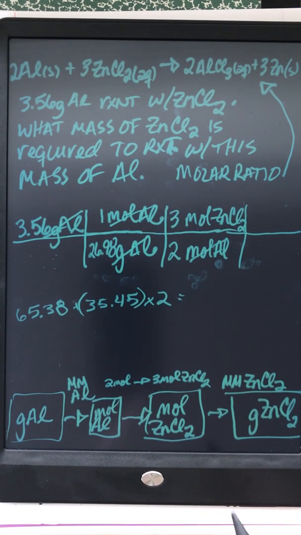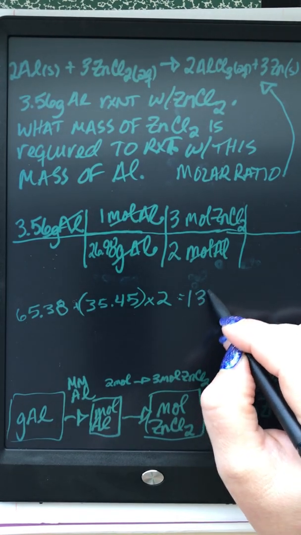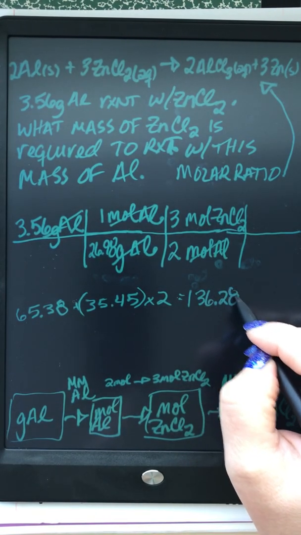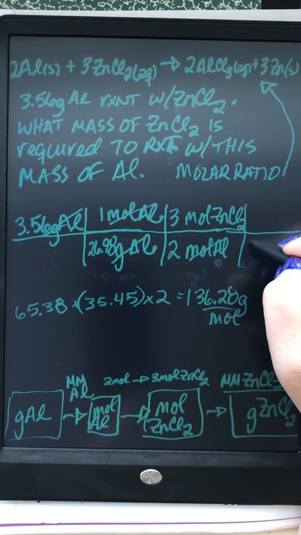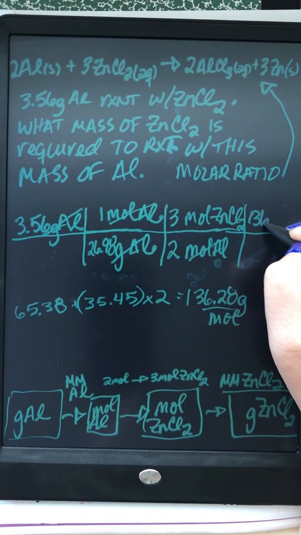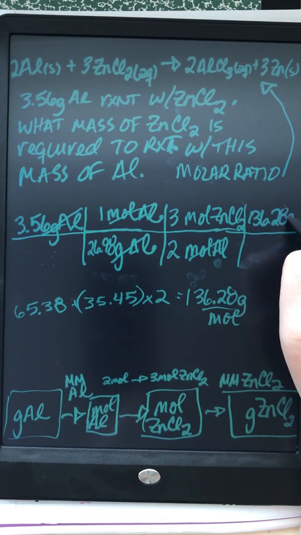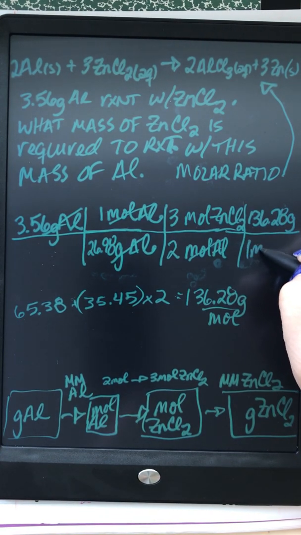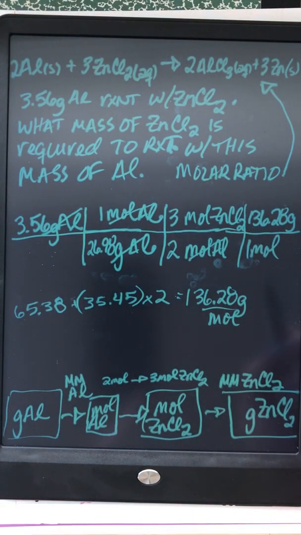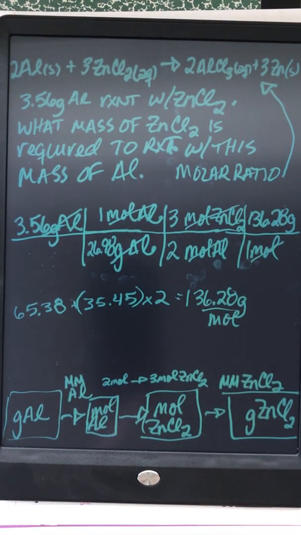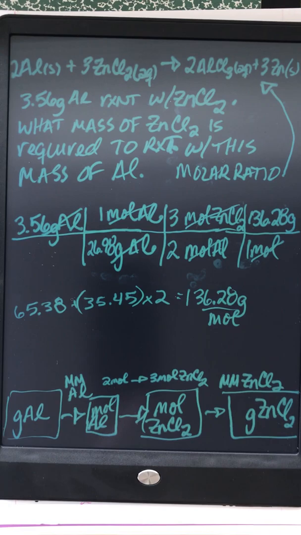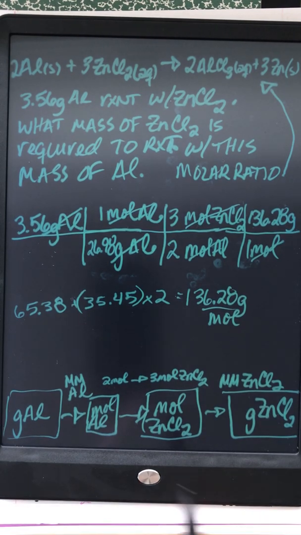It is 136.28. So we have 136.28 grams on top per 1 mole on bottom, and so my moles of zinc chloride will cancel there. And now I just have to do the math.